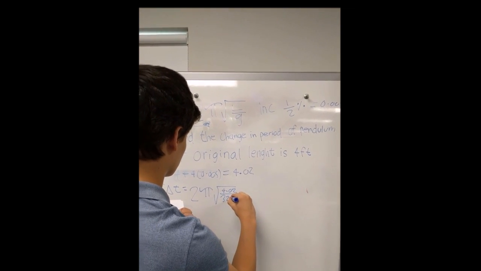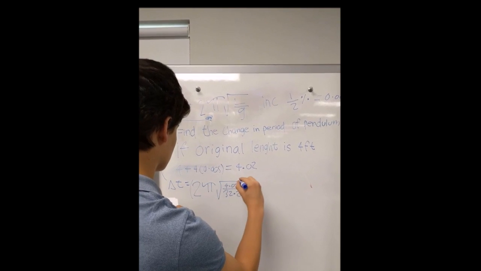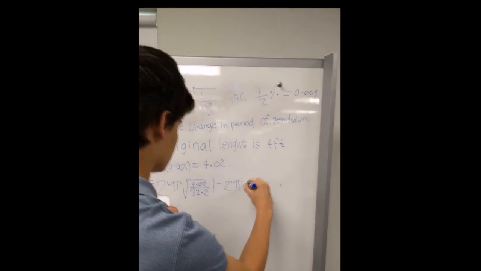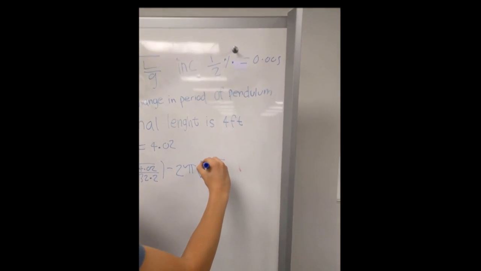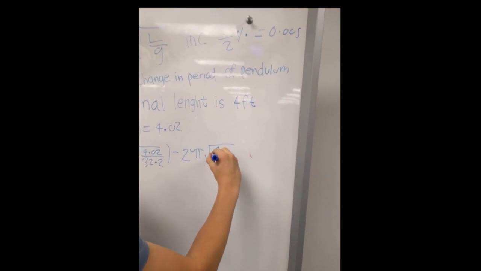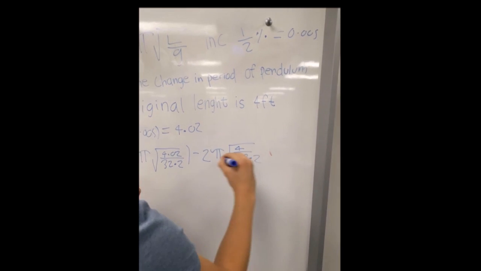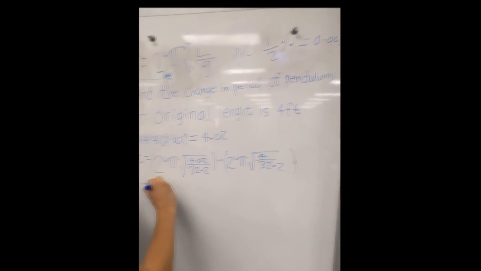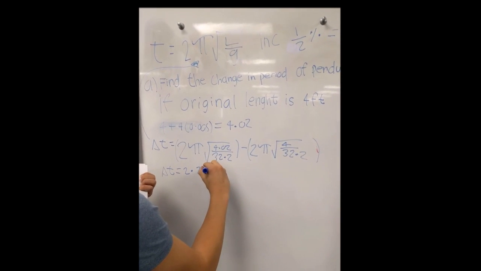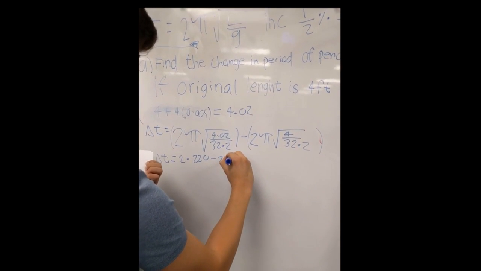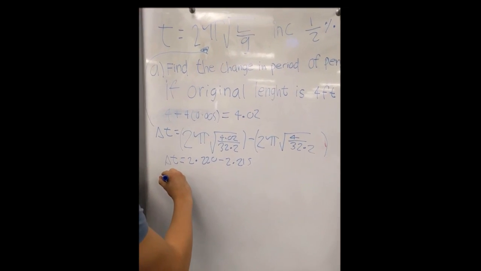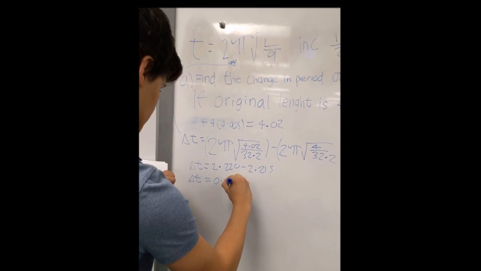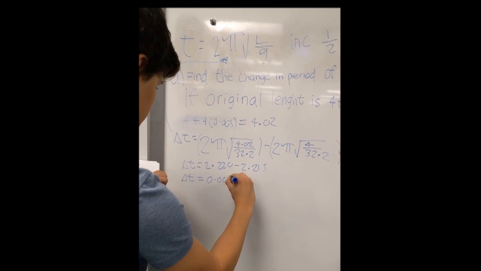So we make delta T equal to time 2 minus time 1, and we plug in our different lengths. Once we solve the formula, we get 2.22 minus 2.215, and delta T will equal 0.005 seconds.